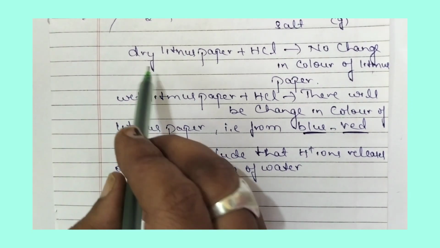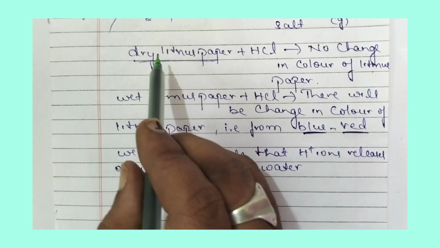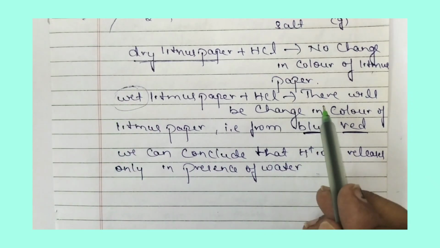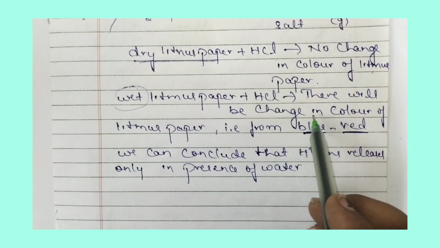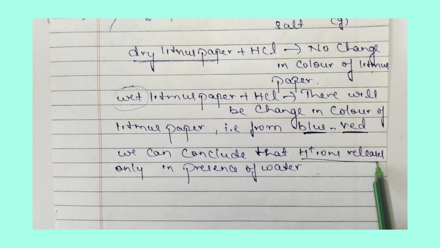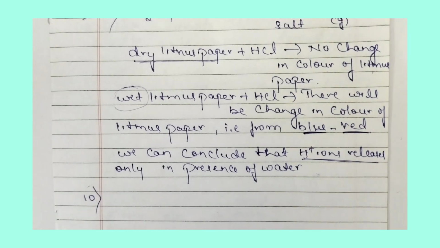So in dry litmus paper, no water is present, therefore no change in color. But in wet litmus paper, wet means it contains some amount of water. That amount of water will make the H plus ions release. Since H plus ion is released, blue litmus paper changes its color to red. So this is the conclusion that we can draw from this experiment.